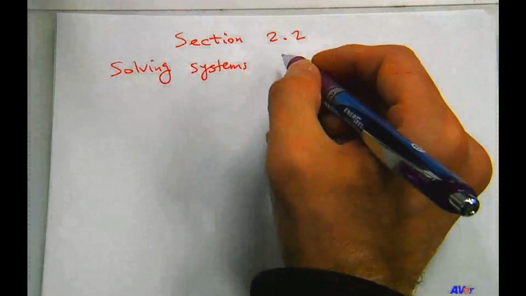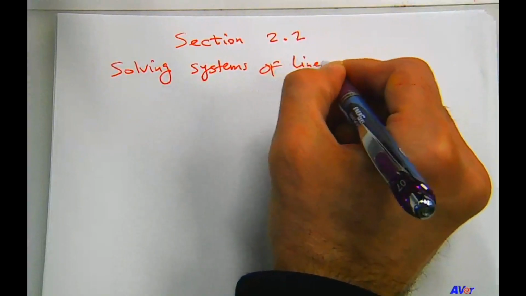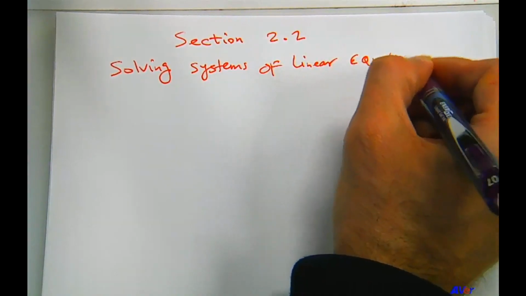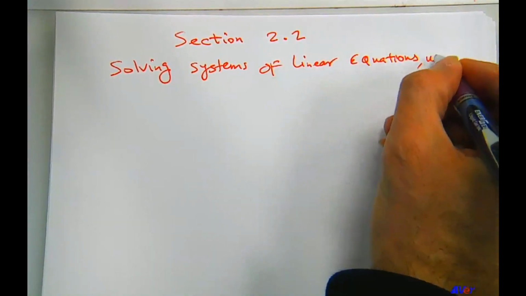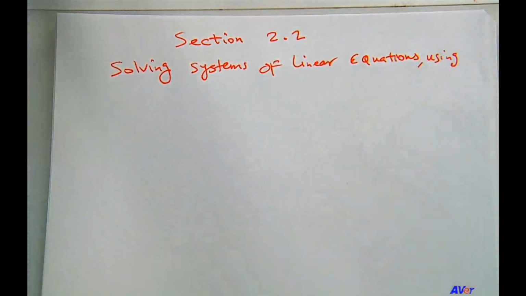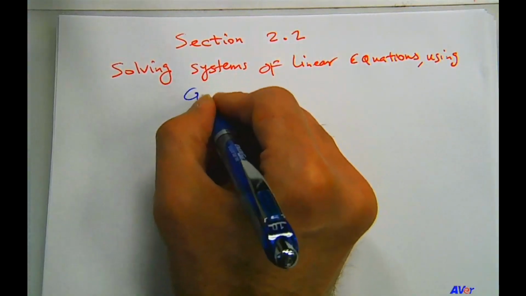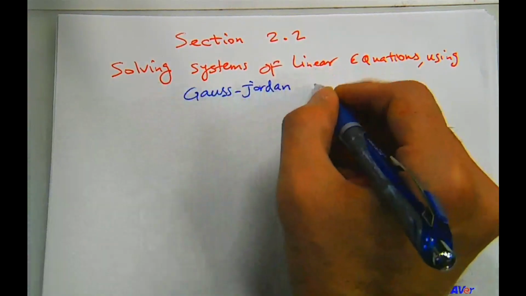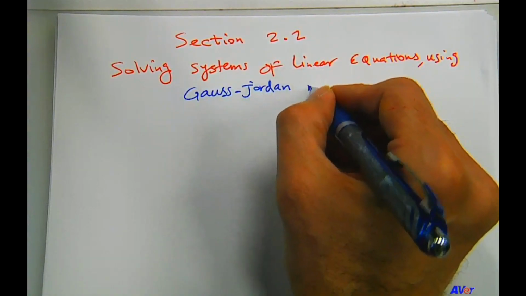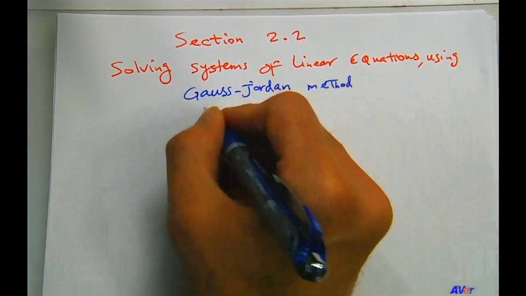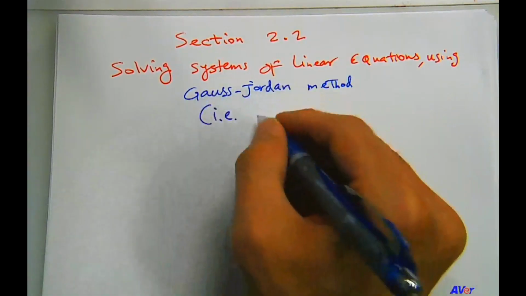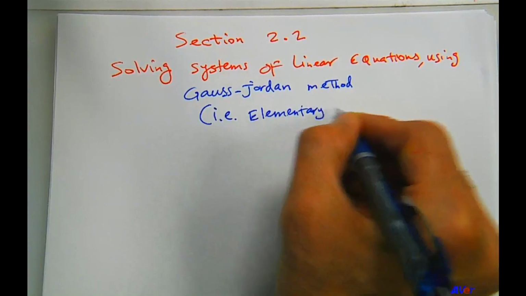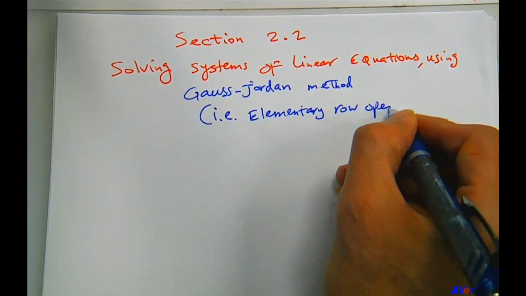So this is solving systems of linear equations using the Gauss-Jordan method, and this method is also known as elementary row operations.